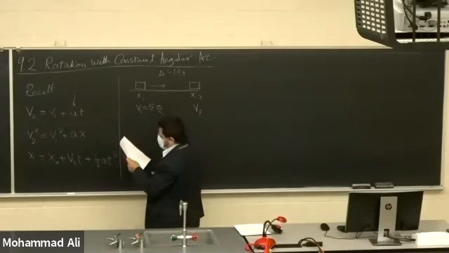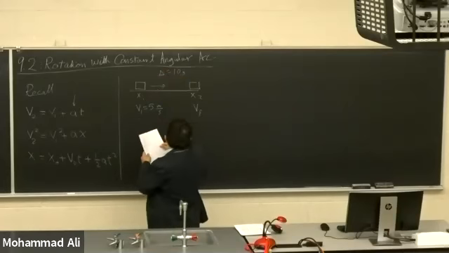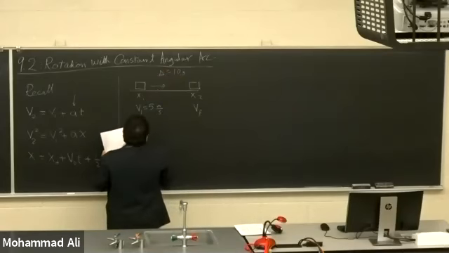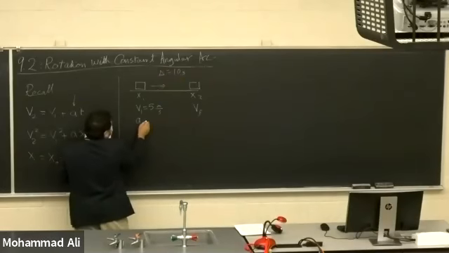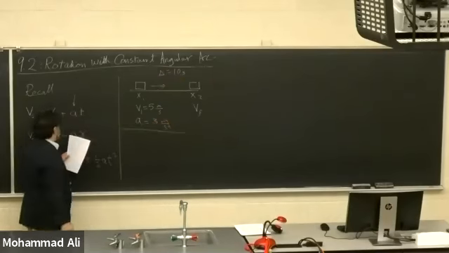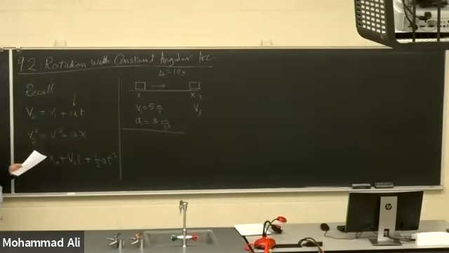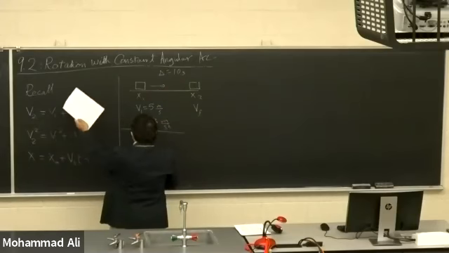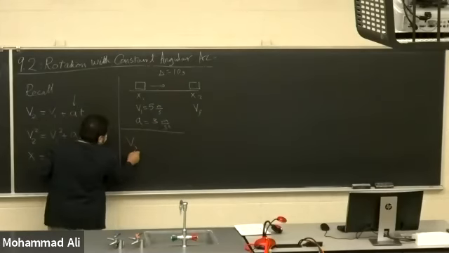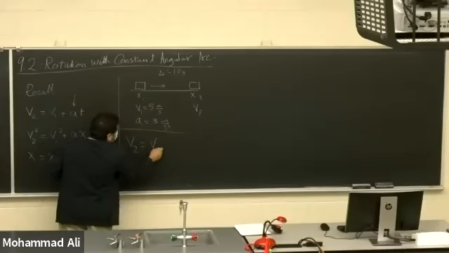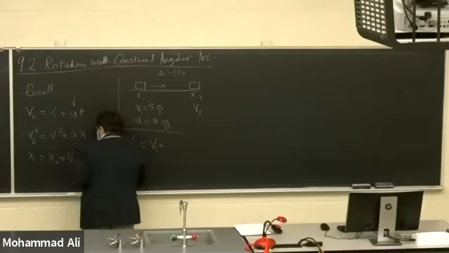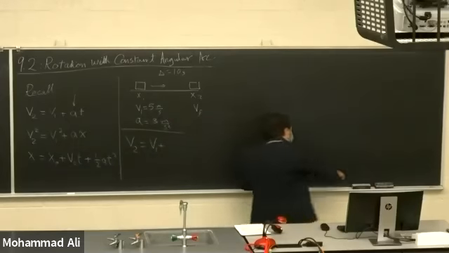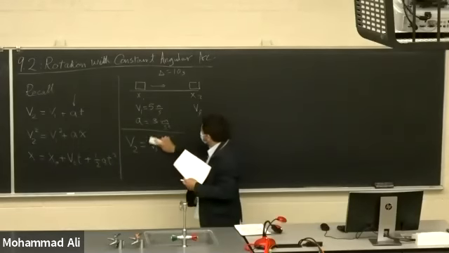We have this motion, and the acceleration is 3 meters per square second. If we need to find the velocity later, we can find it using the first equation, V2 is equal to V1 plus AT.